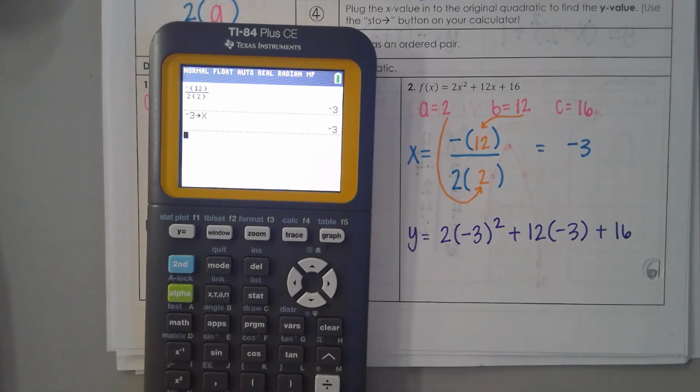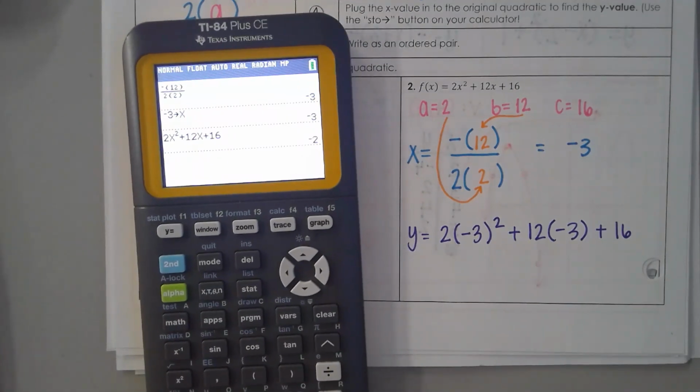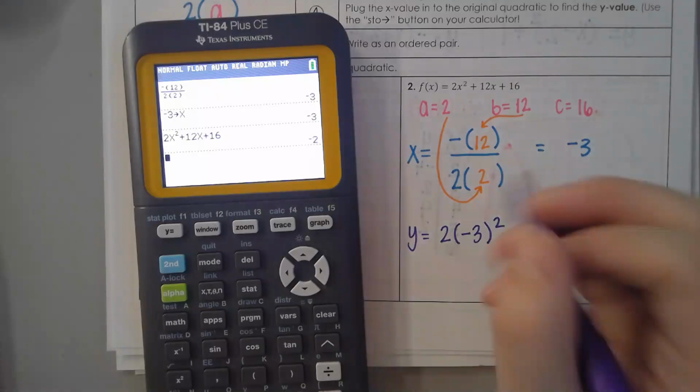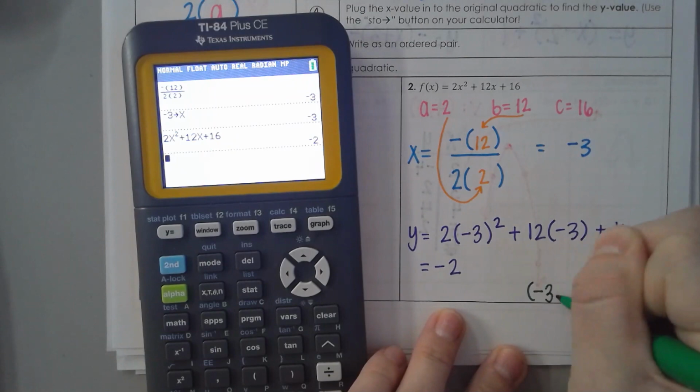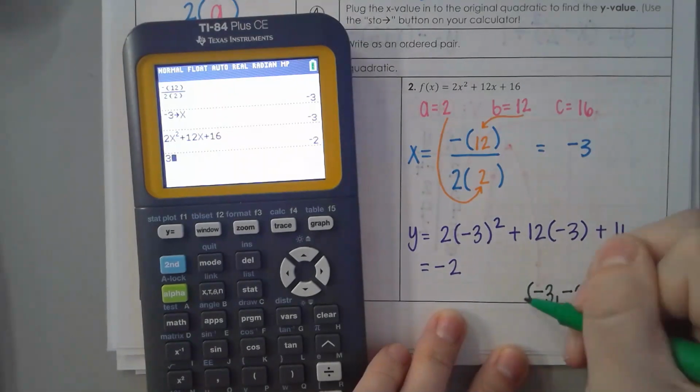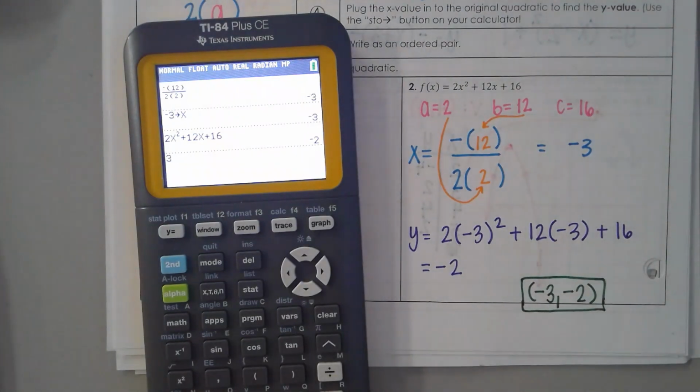And then I'm going to type in 2x squared plus 12x plus 16. And I get negative 2. So my vertex is at the point negative 3, negative 2. Are there any questions on how I got the vertex?